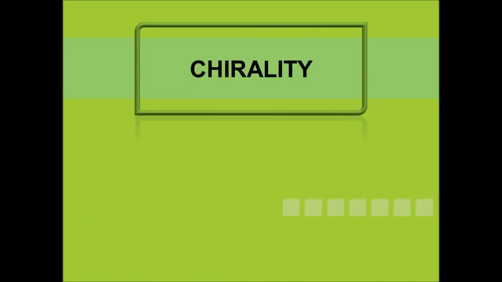Now, chirality is an important topic when we are talking about isomers. If you look at your hands right now, you have 5 fingers on your left hand, 5 fingers on your right hand.